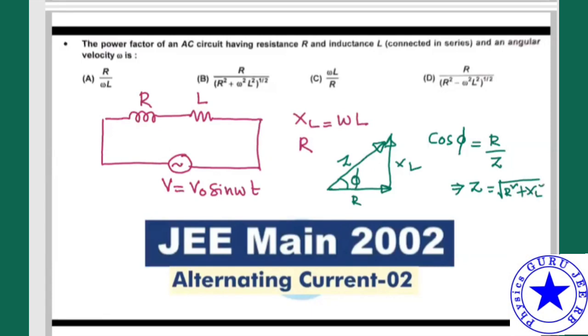So cos phi is R divided by the square root of R square plus XL whole square. So what is the correct option? B will be the correct option. Hope it is clear to you.